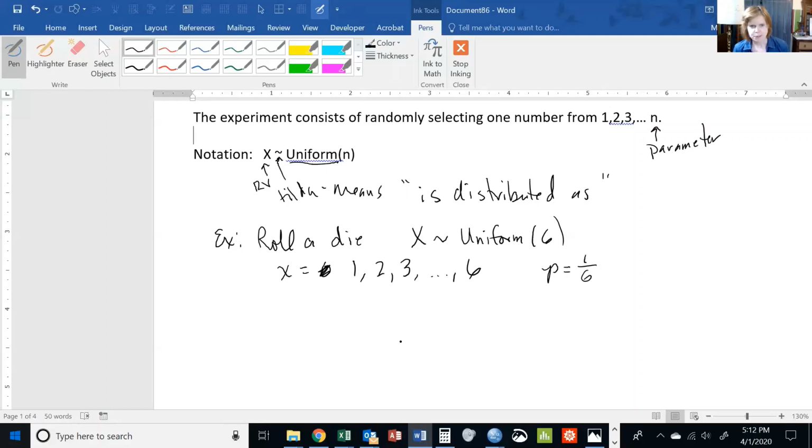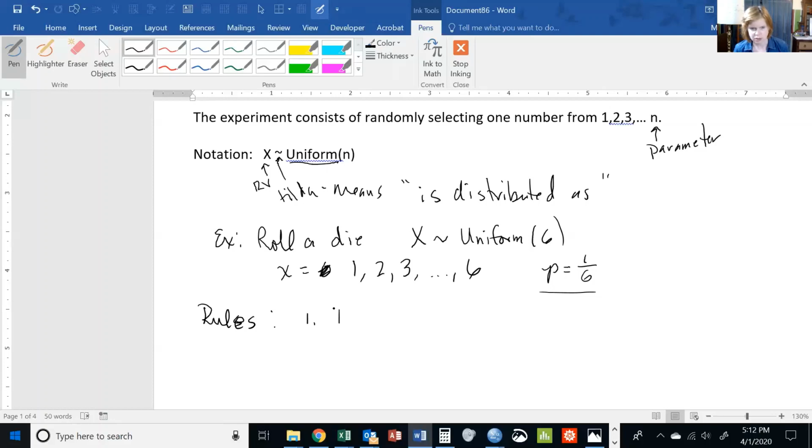All right, so let's talk about a few rules for the uniform distribution. One is its probability distribution, which we kind of talked about as an example.